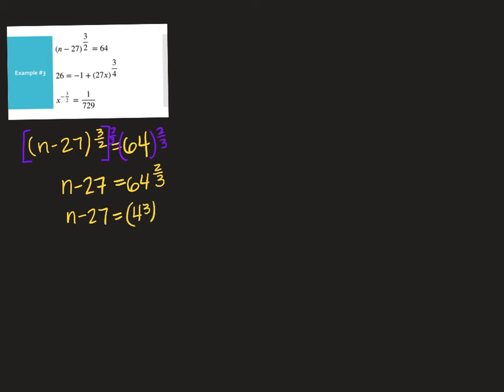So that's 4 to the 3rd to the 2/3. And these 3's will become 1. So I have n minus 27 is equal to 4 squared. So n minus 27 is equal to 16. I'm going to add 27 on both sides. So n is equal to 43.